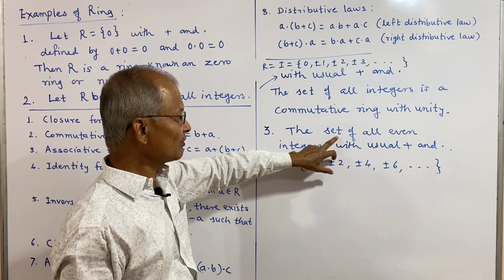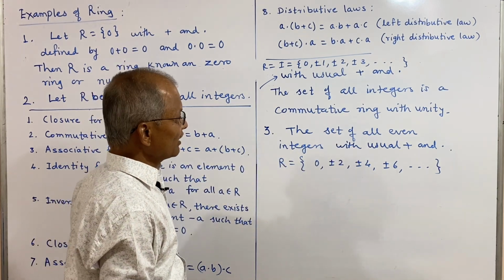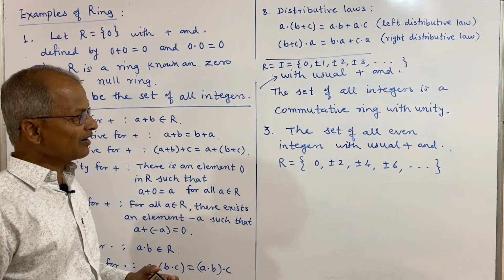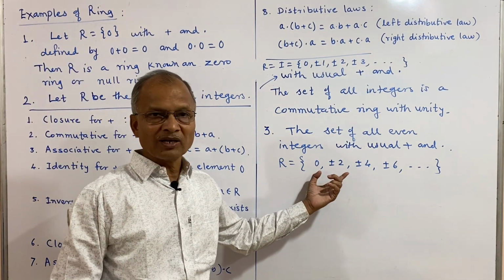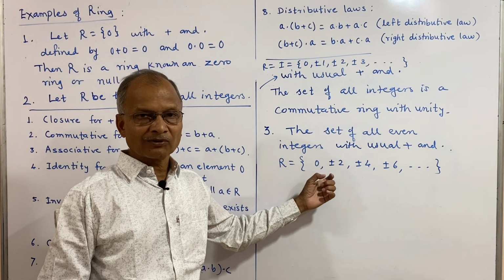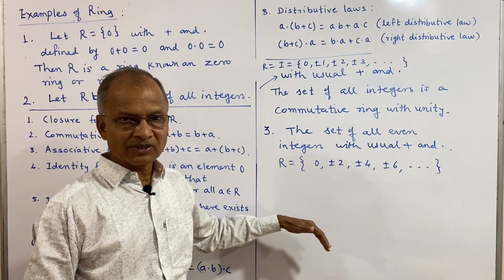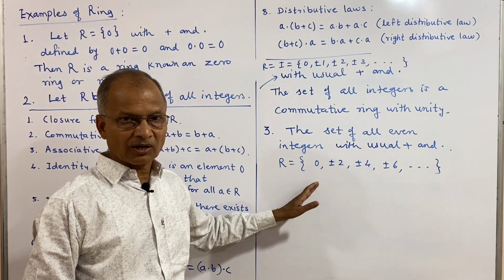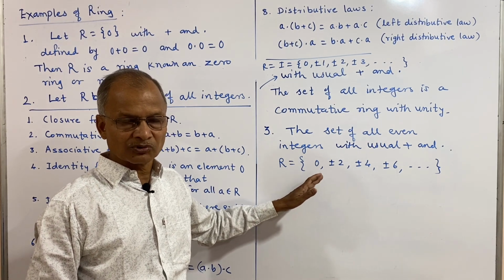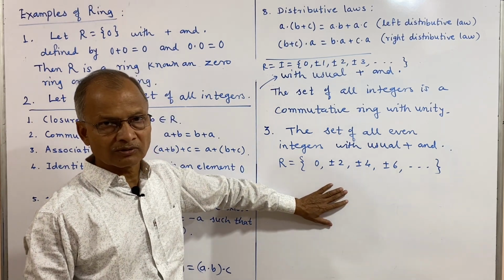The set of all even integers with plus and dot forms a ring. And whether it is a ring with unity, now we can see there is no element 1 here, and therefore this is a ring without unity. And the next additional property is commutative. Whether it is commutative: the usual product is commutative, and therefore it is commutative but without unity.